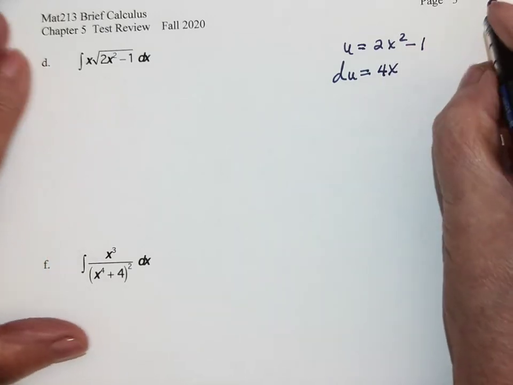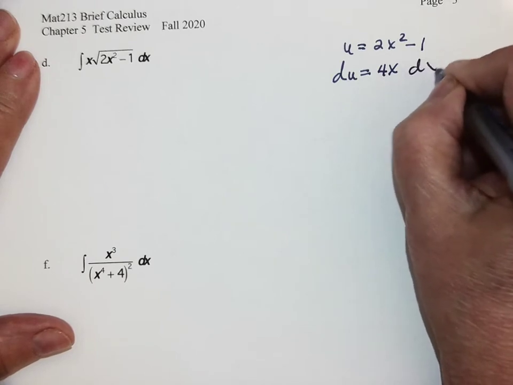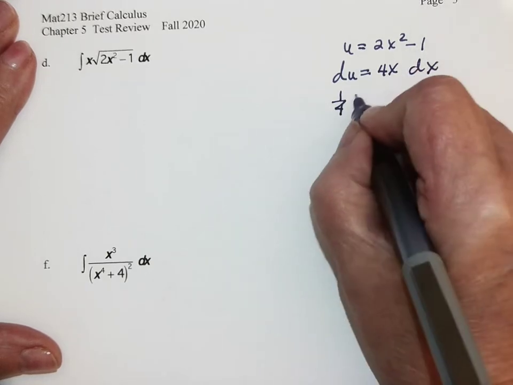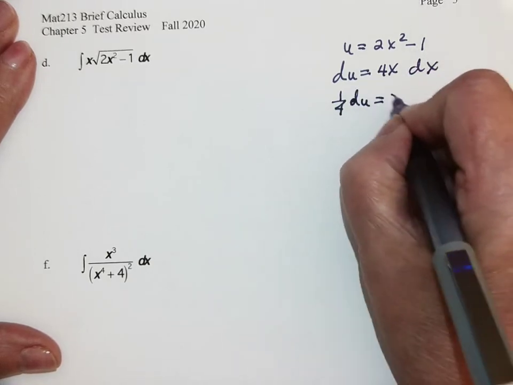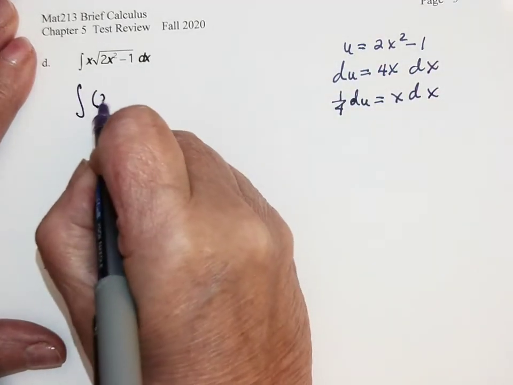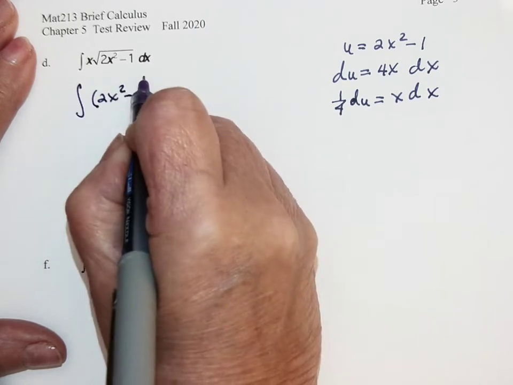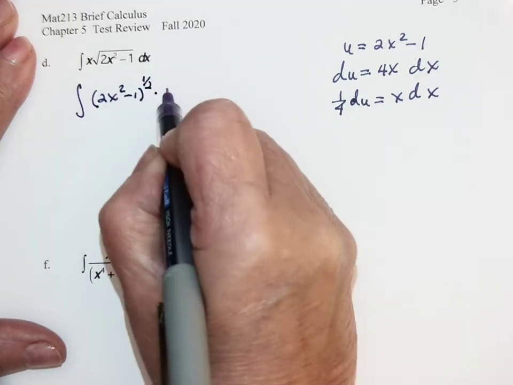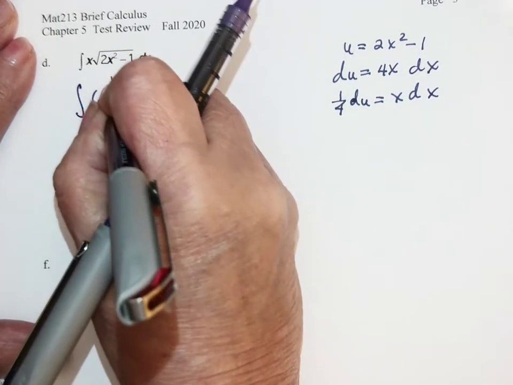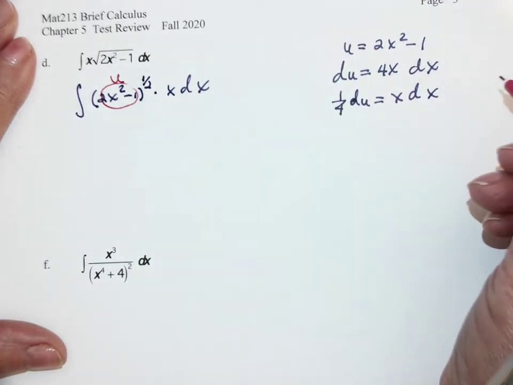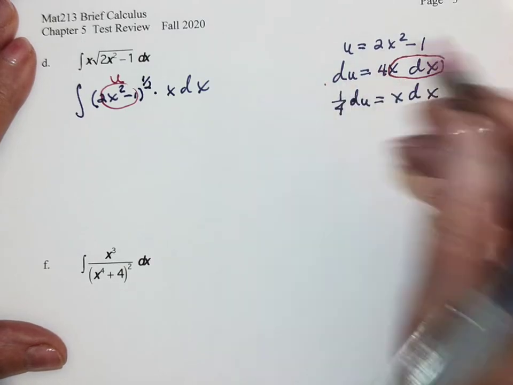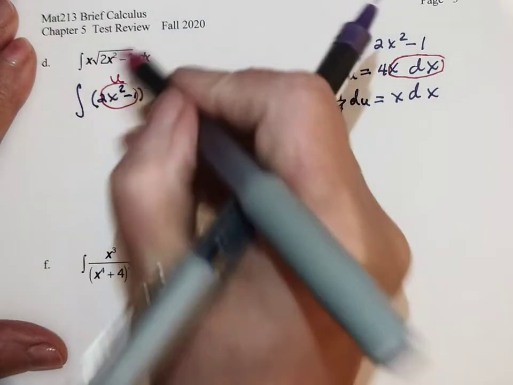Du is 4x dx, or 1/4 du equals x dx. As I look at this, I've got 2x squared minus 1 to the 1/2 times x dx. The part that has the u in it is this, and I need an x dx, which is just this part right here. That's how that became 1/4 on the other side, like it did with the other problem.